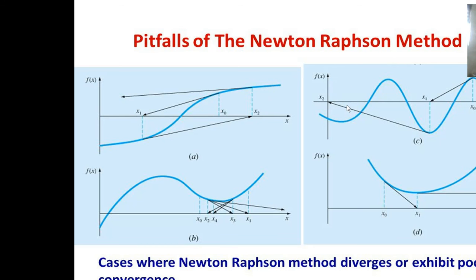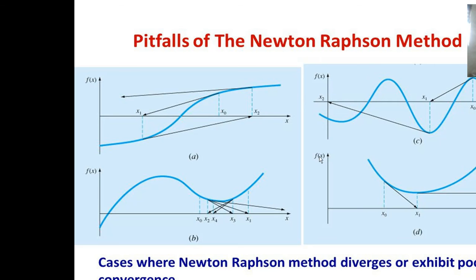You can see here x1 and x2 will be somewhere very far away, because these lines which we have shown in the diagram, they have not been shown exactly parallel to the x-axis, but their slopes are very small, so very near zero slopes, and so these lines are almost going parallel to the x-axis. In such cases, the method will fail.